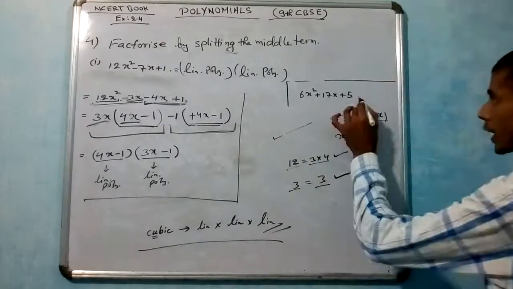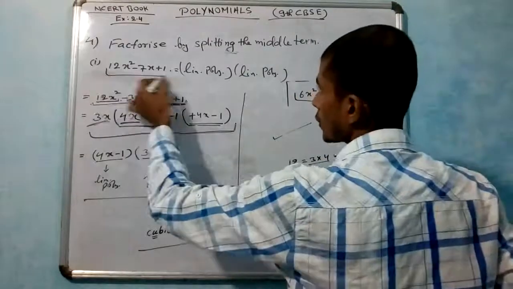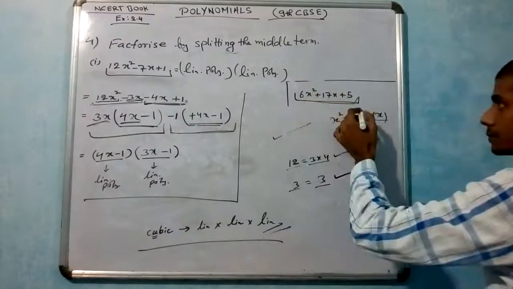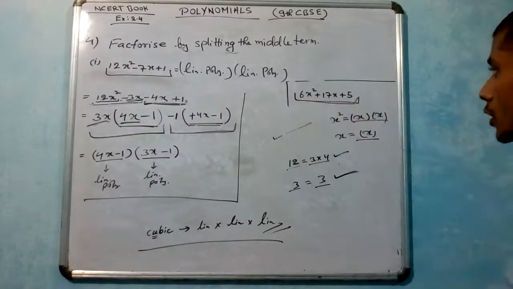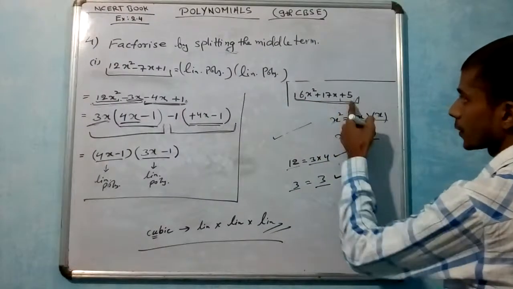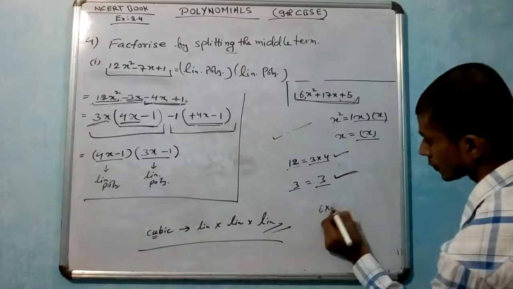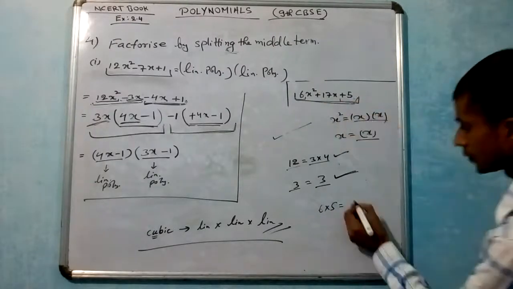So try this also. You write this one, and then this one again by yourself without seeing. In this what will you do? What will you take? The coefficient of x square, 6, and this constant, 5. 6 into 5, how much? 30.